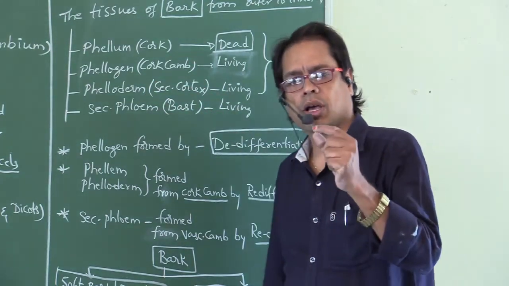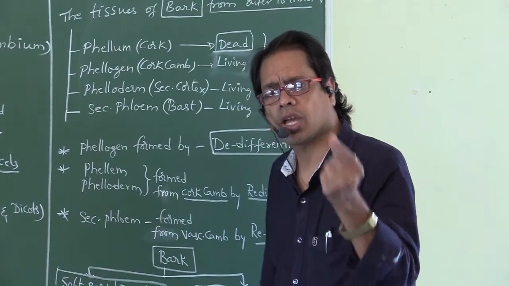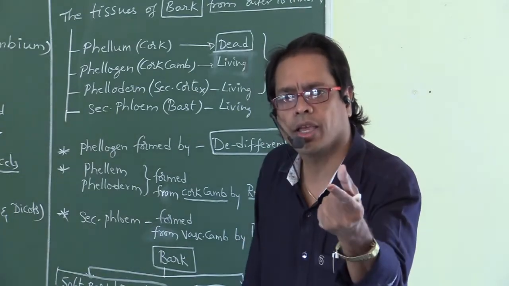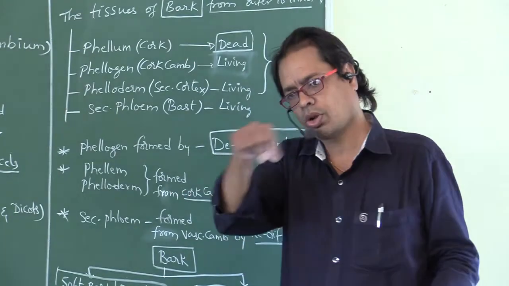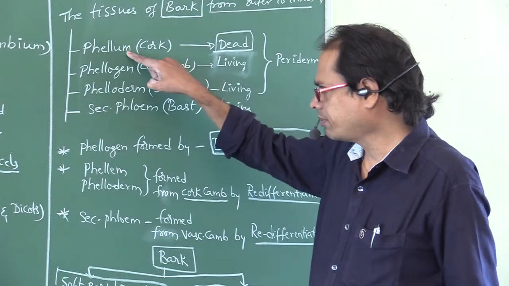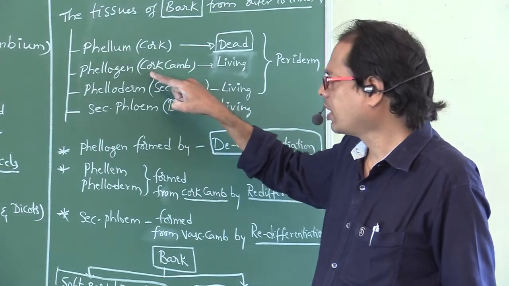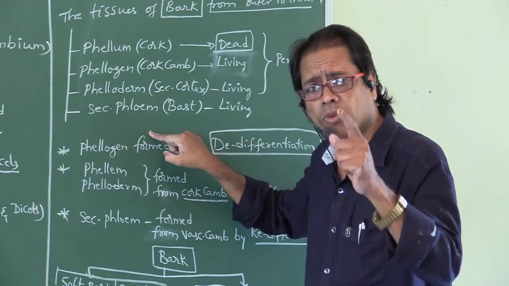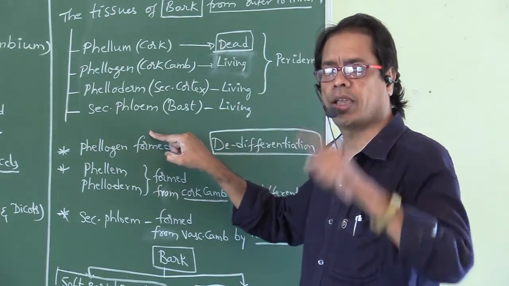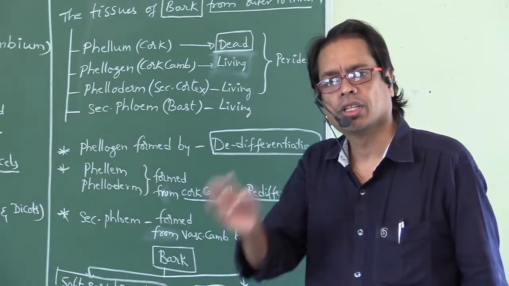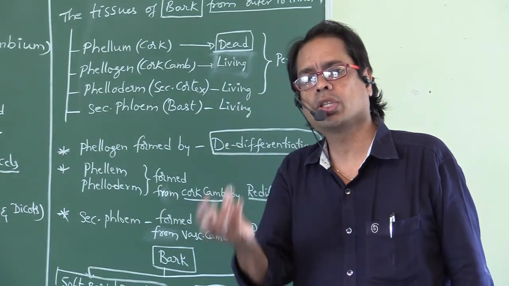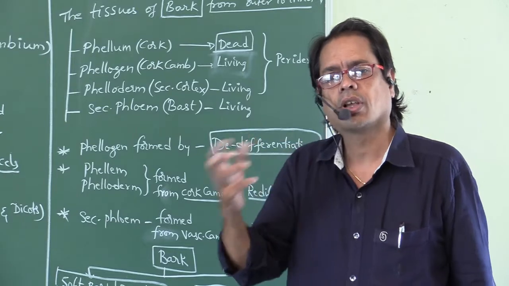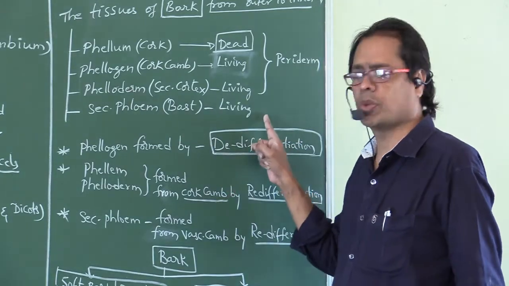That means bark contains the products of both vascular cambium and cork cambium. True. Phellum and phelloderm are from cork cambium, but secondary phloem is formed from vascular cambium. So bark contains the tissues of both vascular cambium and cork cambium. That one you have to remember.